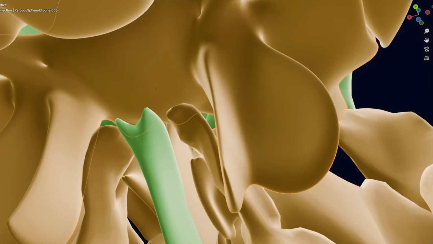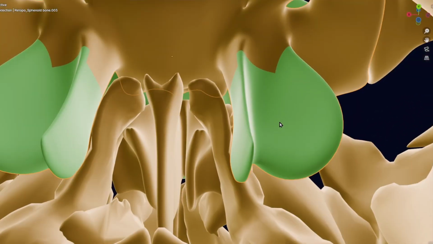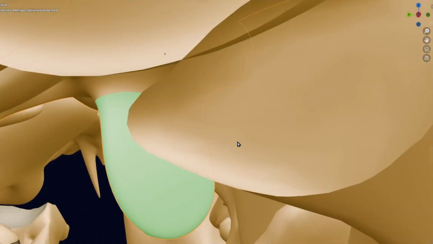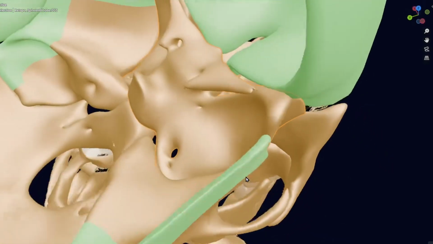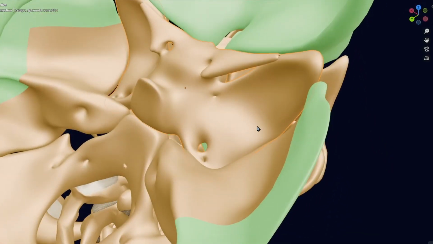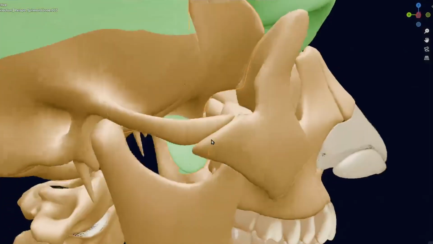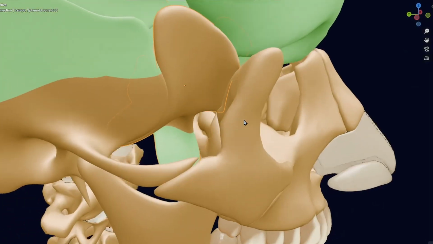Let's highlight those. Here you can see these green ones, they develop with intramembranous ossification. These are the pterygoid plates of the sphenoid bone. All of the sphenoid bone develops with endochondral ossification, but these plate-like structures develop with intramembranous ossification.